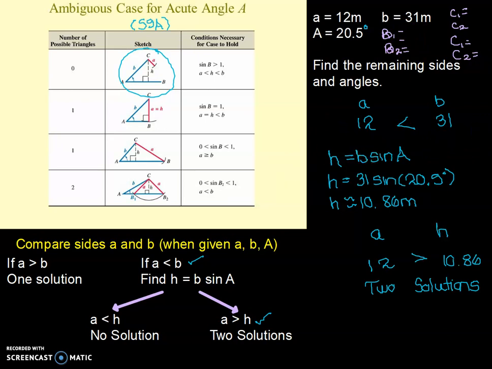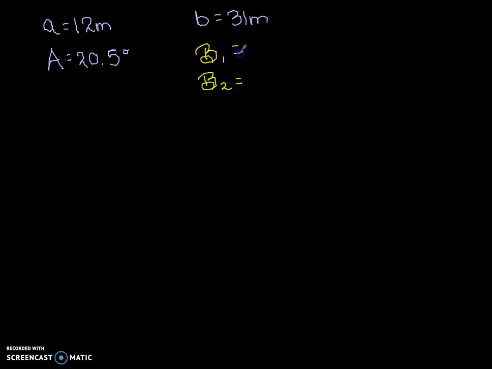So we're going to start solving. We're moving on from here now that we've determined that there are two solutions. I'm just going to reiterate what we already know. What's given has one answer only, and everything that's not given will have two answers.